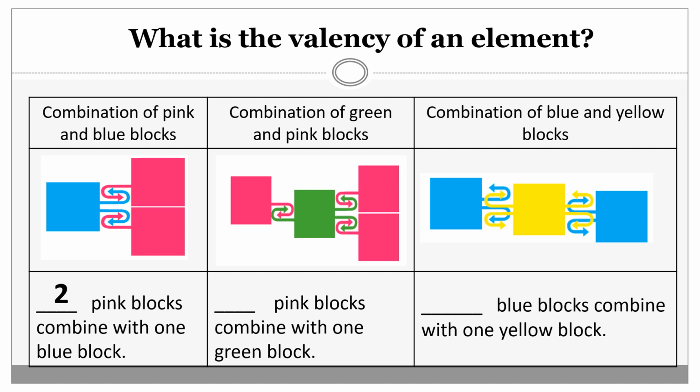In the second combination of pink and green blocks, we observe that three pink blocks combine with one green block. In the third column, you can see that two blue blocks combine with one yellow block. In all these three different combinations, you can see that all hooks are paired.